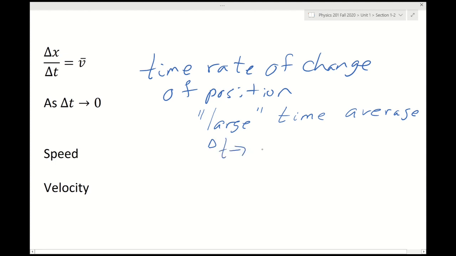As our time interval goes to 0, then it becomes instantaneous.